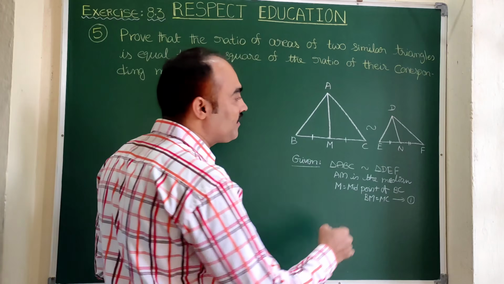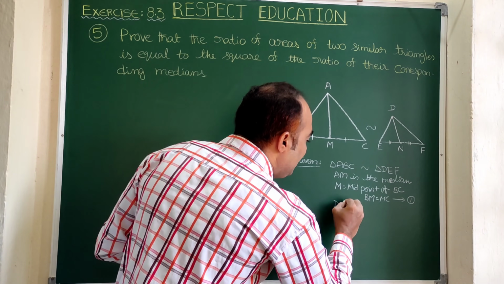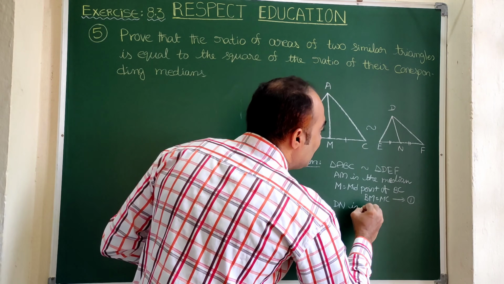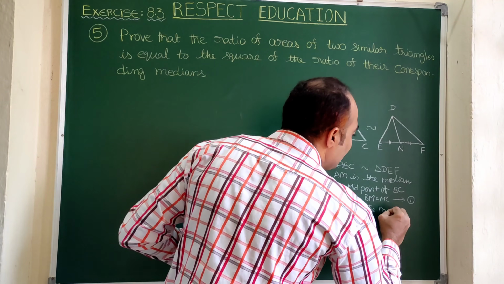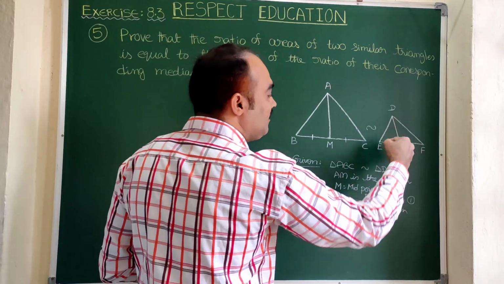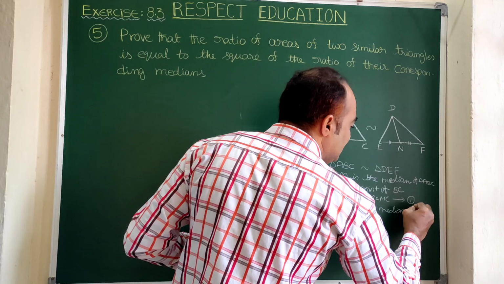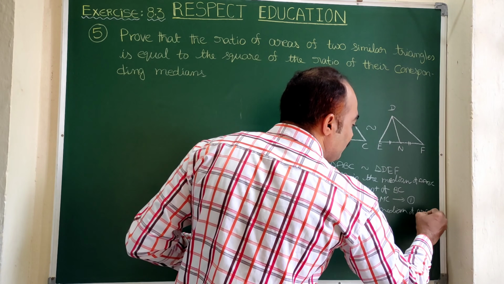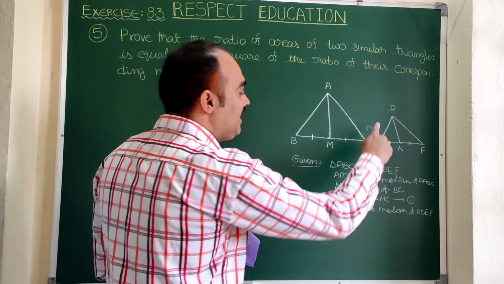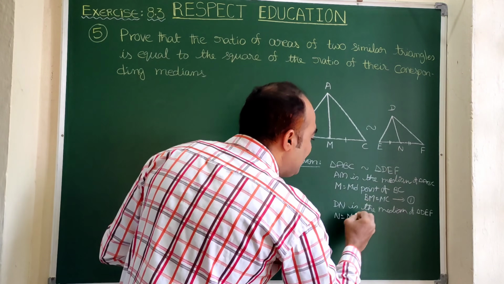Same way here, DN is also a median. DN is the median of triangle DEF. This is the median of triangle ABC and this is the median of triangle DEF. When DN is the median, then N is the midpoint of EF.